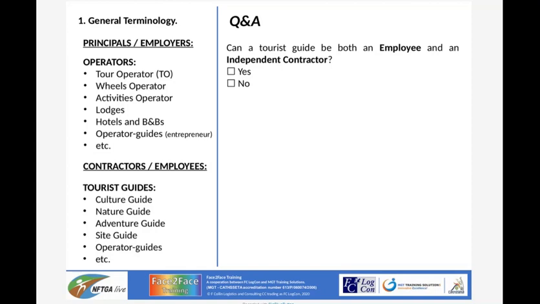Can a tourist guide be both an employee and an independent contractor? While you think about this one, I'll go back to the previous one and explain to you why a freelancer is not necessarily an independent contractor.